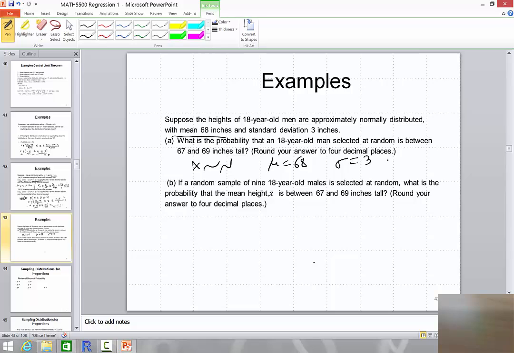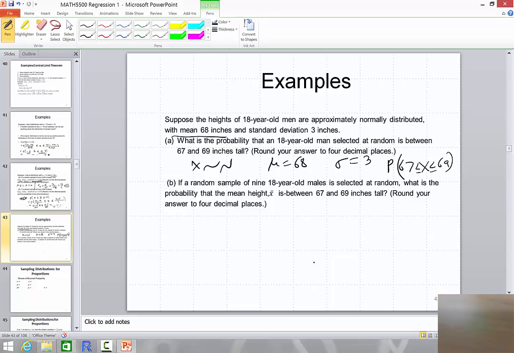So they're asking the probability that X is between 67 and 69. Remember, this is just X, not X bar. Then you can convert this into Z and do it.